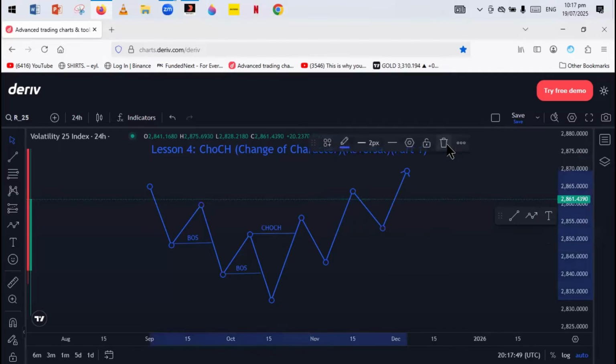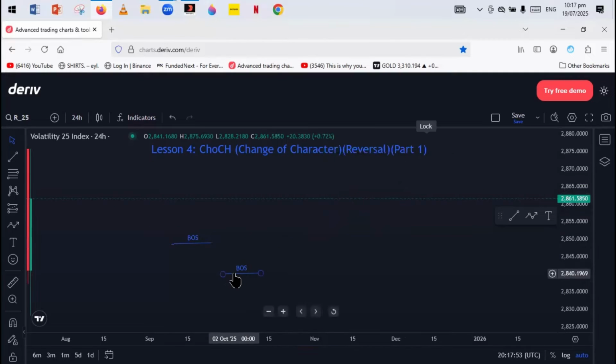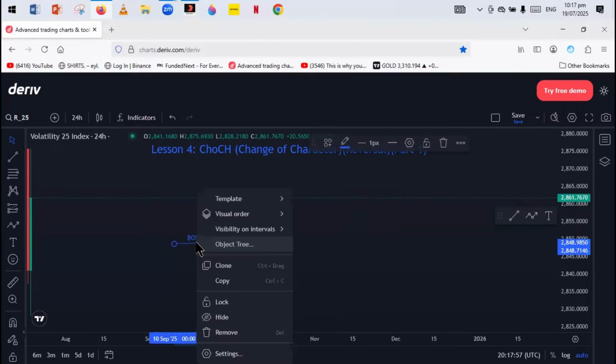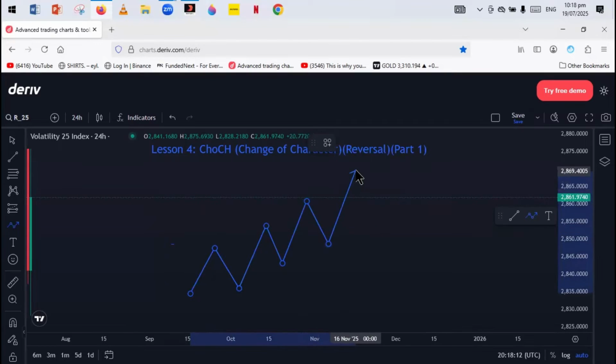And then we have, from bullish to bearish. So now we have price breaking structures to the upside. Price breaking structures to the upside.